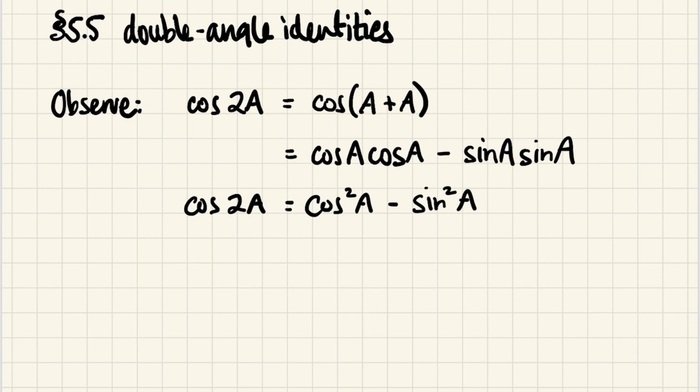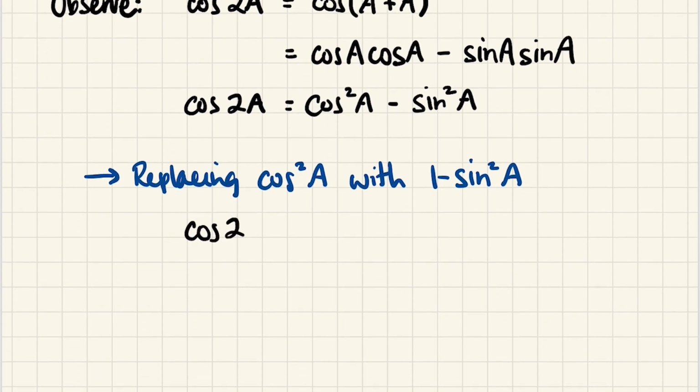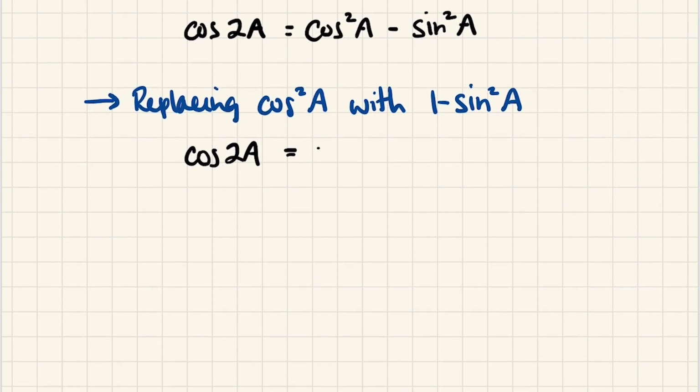Note that we can replace cosine squared with 1 minus sine squared. Of course, cosine squared is 1 minus sine squared by the Pythagorean identity that we know and love. So what would that get us here? That would get us, well, instead of cosine squared, we'll have 1 minus sine squared.